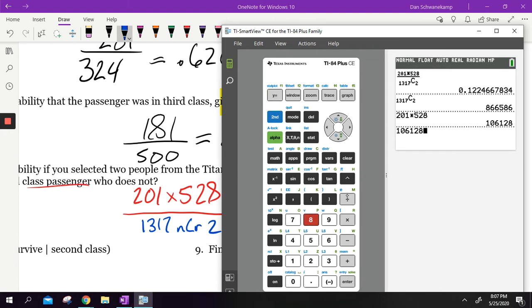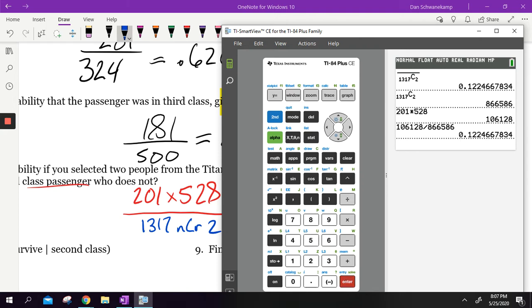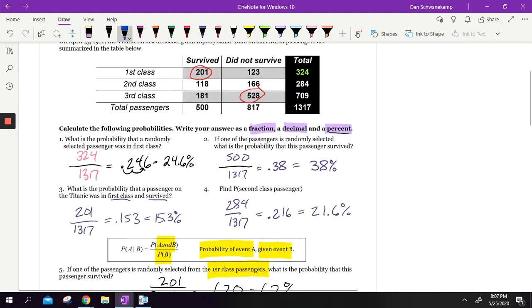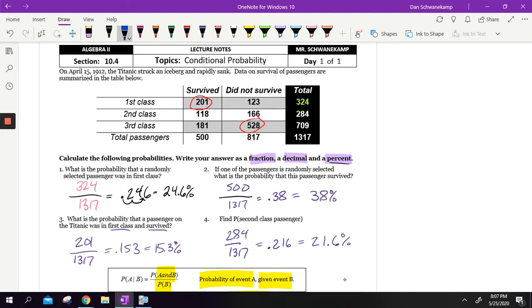That's how many correct answers there are, divided by 866,586 total combinations. If I do that, I get 0.122. I'm not writing the fraction here because it's pretty deep. Or 12.2%. That's a pretty good chance that we're picking 2 of them out of the right categories. But there's a lot to choose from, 201 and 528.